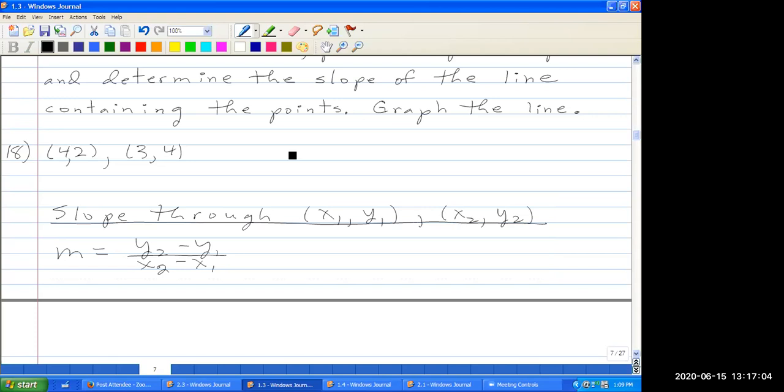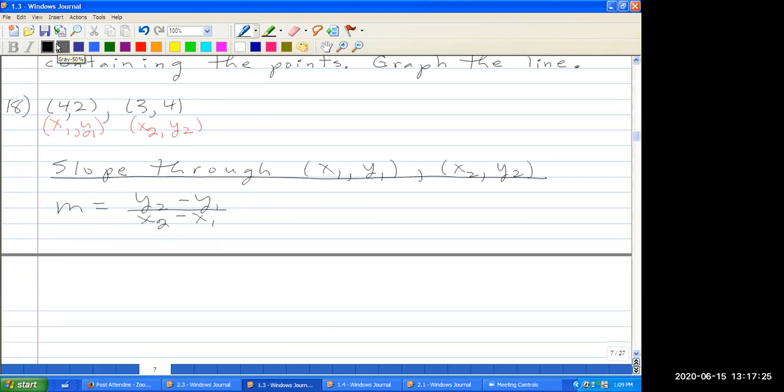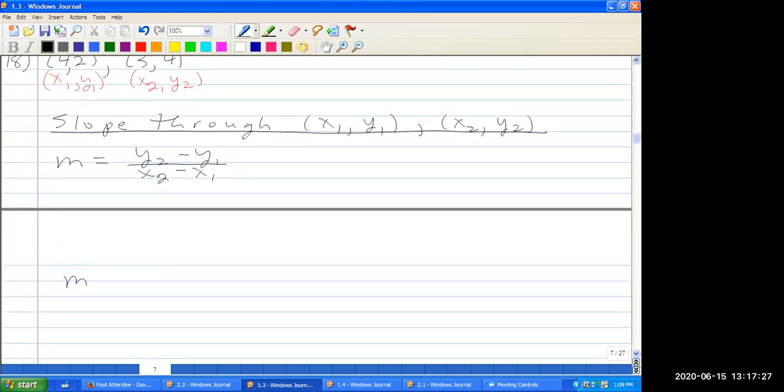I don't really care which is which. I'll call this x1, y1, and I'll call this x2, y2. And so the slope is equal to y2 minus y1 over x2 minus x1.